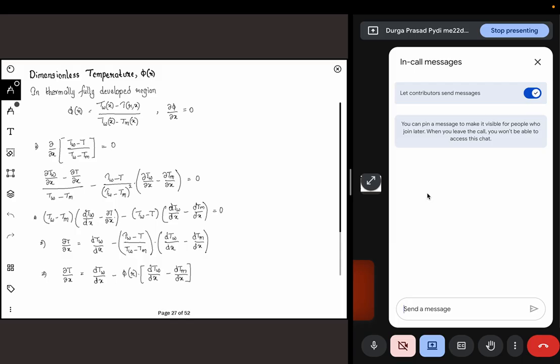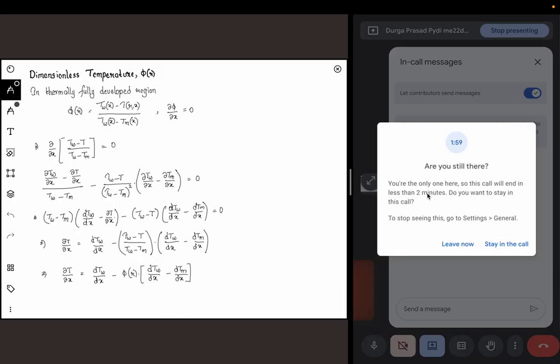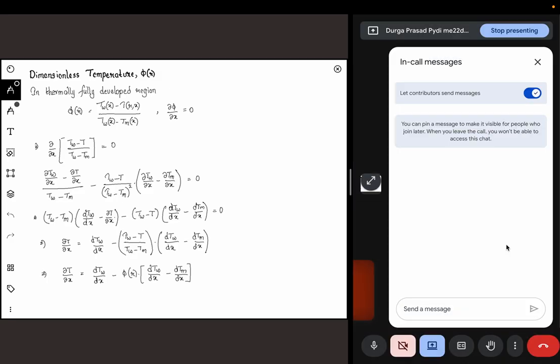As I said when we started in the beginning, in a thermally fully developed region, we define a non-dimensional temperature whose derivative with respect to x is going to be 0, and that non-dimensional temperature is Tw minus T by Tw minus Tm.